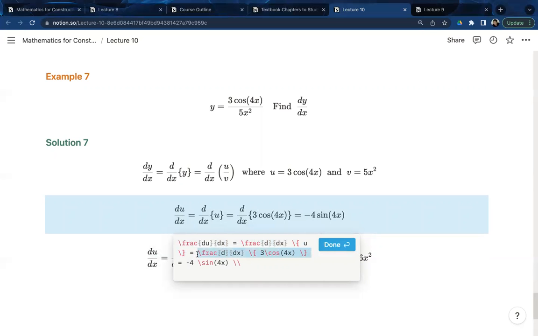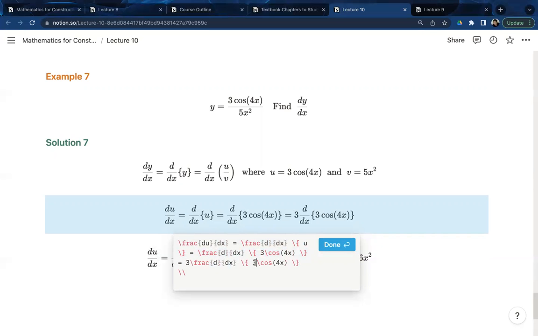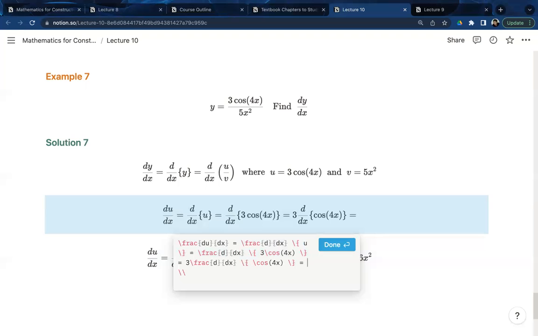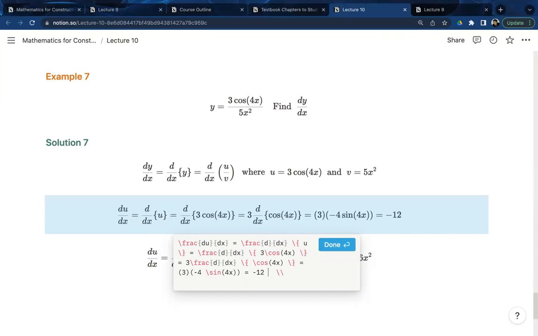As we know, because it's a linear operator, we can take out a 3 and just deal with the cosine 4x. This is 3 by the derivative of a cosine, which is a minus sign, minus 4 sine 4x. Minus 12.